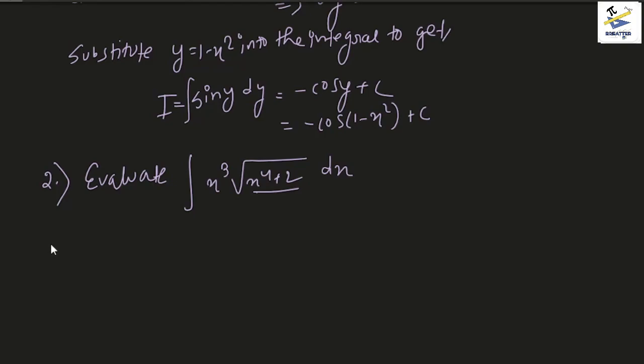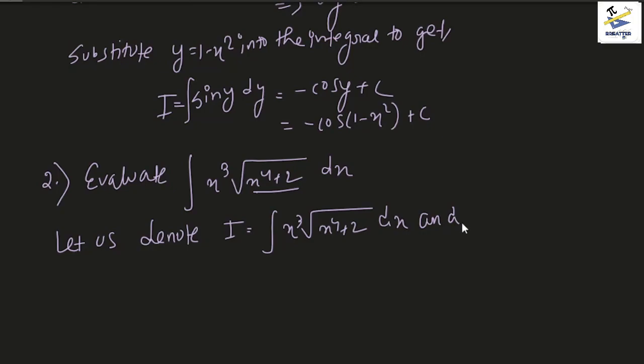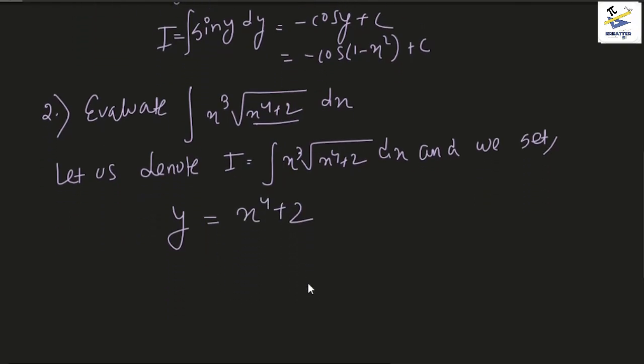What we are going to do is this. Let us denote, first we denote the integral by some variable capital I, which is x cube into root over x to the power 4 plus 2 dx, and we set y equals x to the power 4 plus 2, because when we differentiate both sides what we get is dy equals 4x cube dx, right?